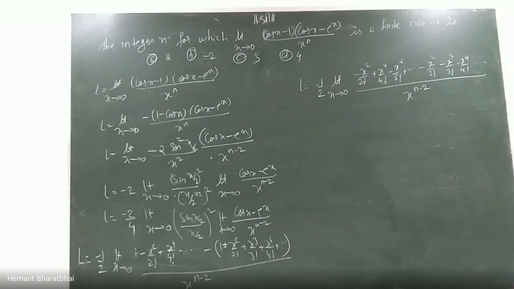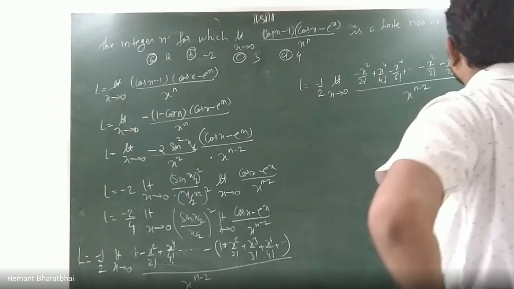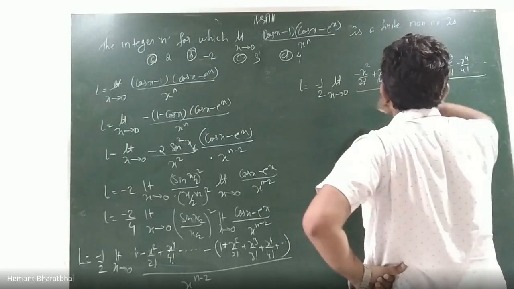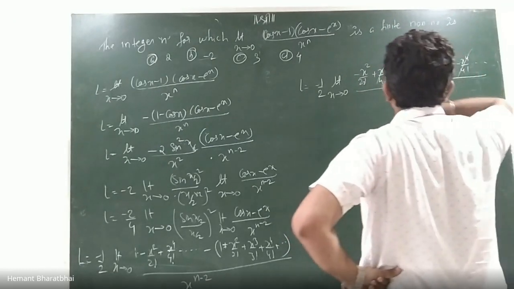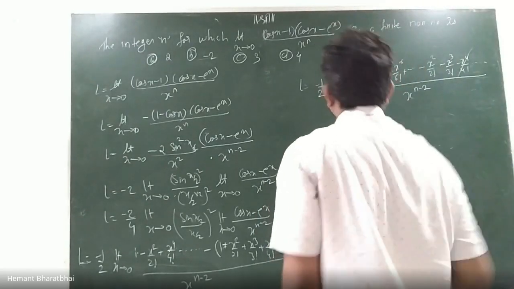So now the x square term is not getting cancelled out. The x cube term and the x raised to 4 term are getting cancelled out. Similarly, the x raised to 6 term will also get cancelled out.